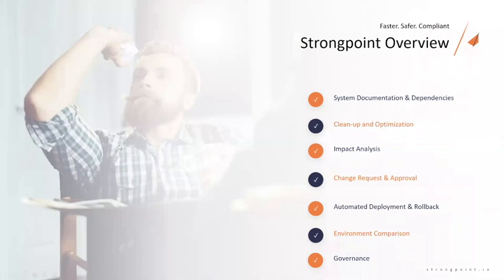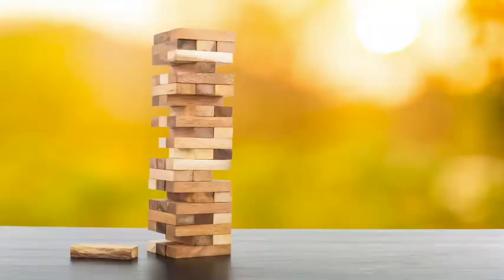Focusing now more specifically on impact analysis. I love analogies. I've been in touch with some of the people on the phone before, and they probably know that already. You hear all kinds of analogies about Salesforce orgs, but the idea is that the more you build, the more you customize, the more difficult your org becomes to manage.